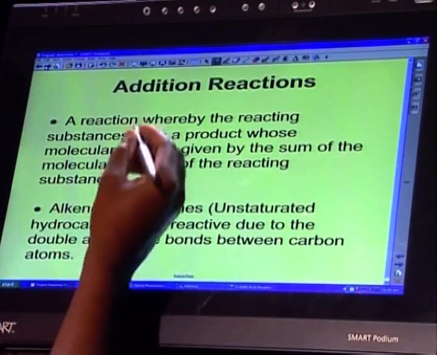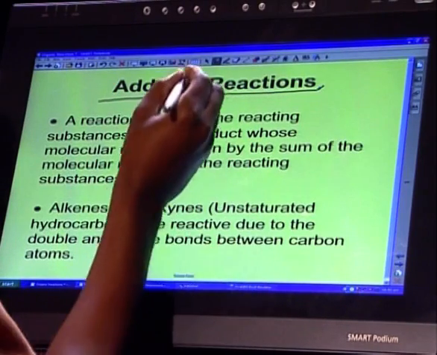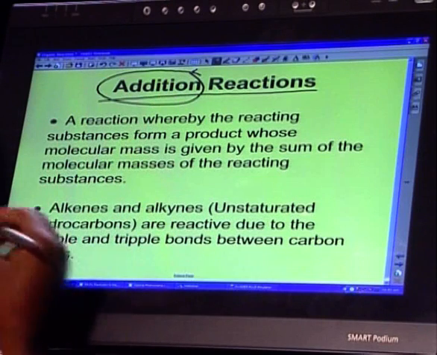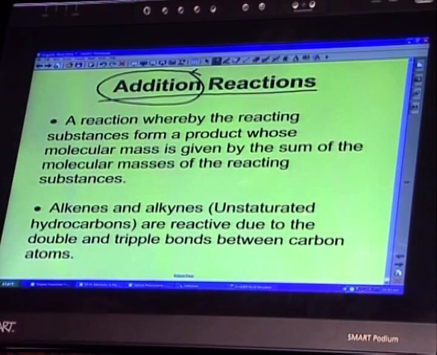Next, let's talk about addition reactions. This term speaks for itself. You are adding something. You are not substituting. Whatever is there remains there, but you're bringing more into the molecule. Earlier on I said with alkanes, we're talking about saturated molecules.